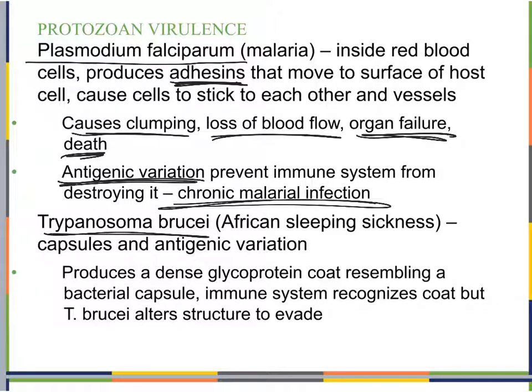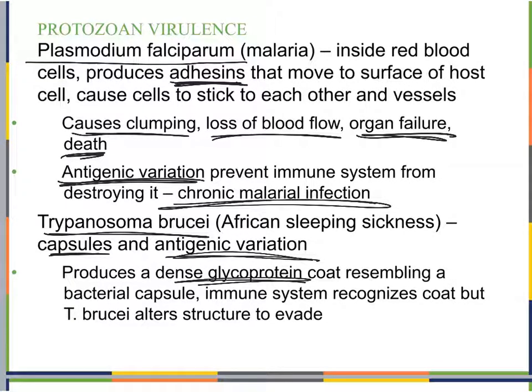Another example is Trypanosoma brucei, so the African sleeping sickness. In this case, what we have are capsules as well as antigenic variation. So again, those capsules are very, very dense glycoproteins. So it's similar to a bacterial capsule. So the immune system can recognize the way that it looks. So over time, maybe it'll recognize its capsule.